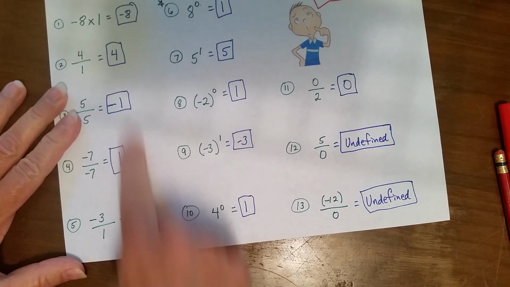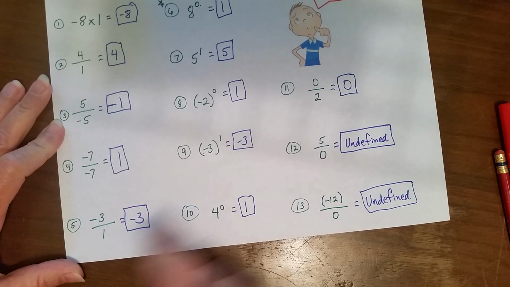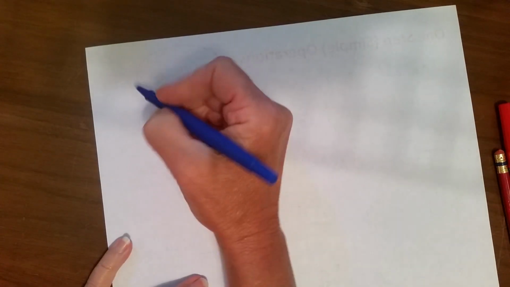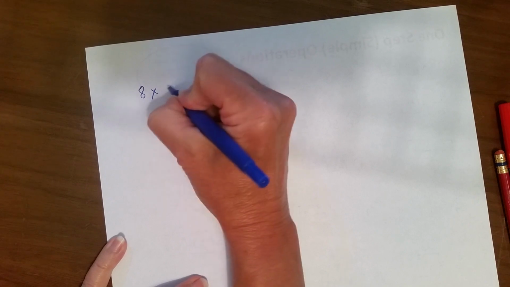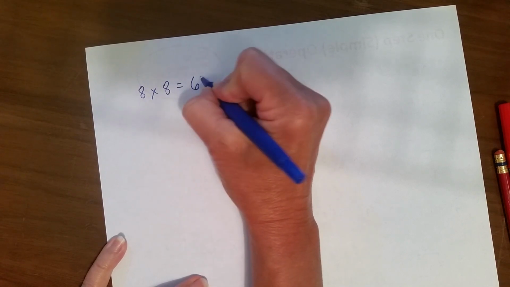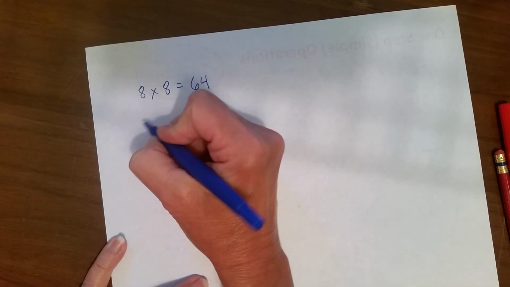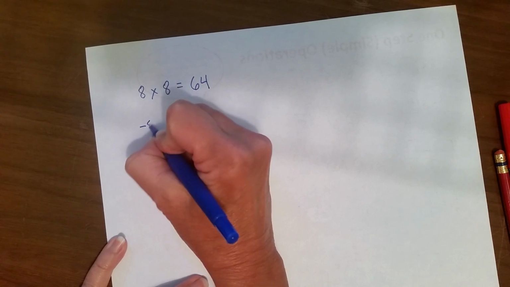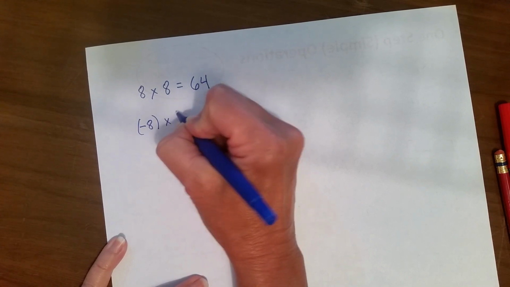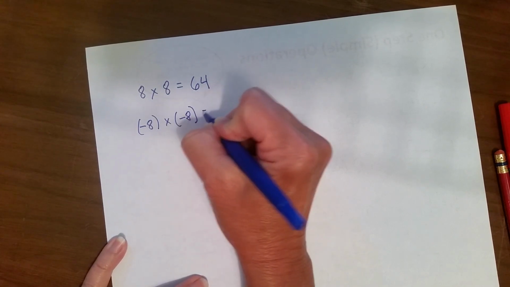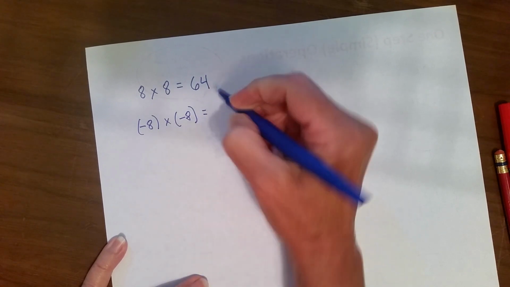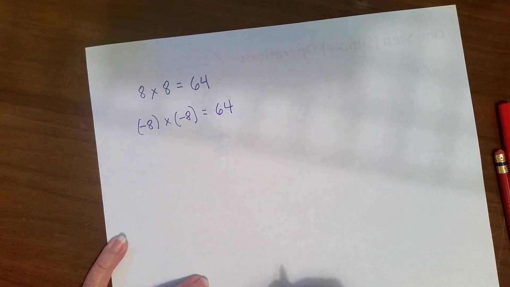Okay, let me go back and talk about these real quick. I went through that pretty quickly. Remember, when you have a positive times a positive, you get a positive. When you have a negative, negative 8 times negative 8, when you have a negative divided by a negative, you also get a positive.